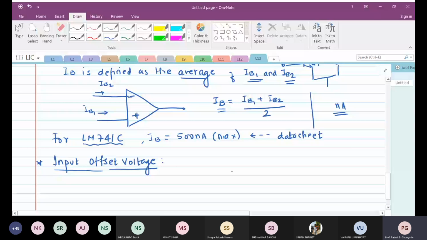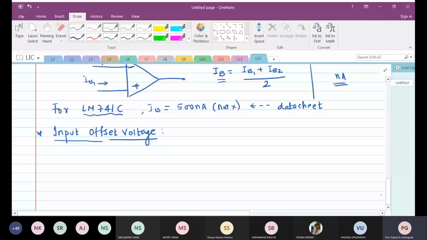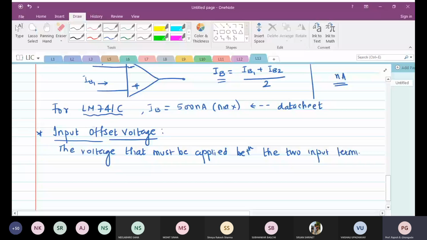This is actually defined as the voltage that must be applied between the two input terminals of the op amp so that VO becomes exactly equal to 0.